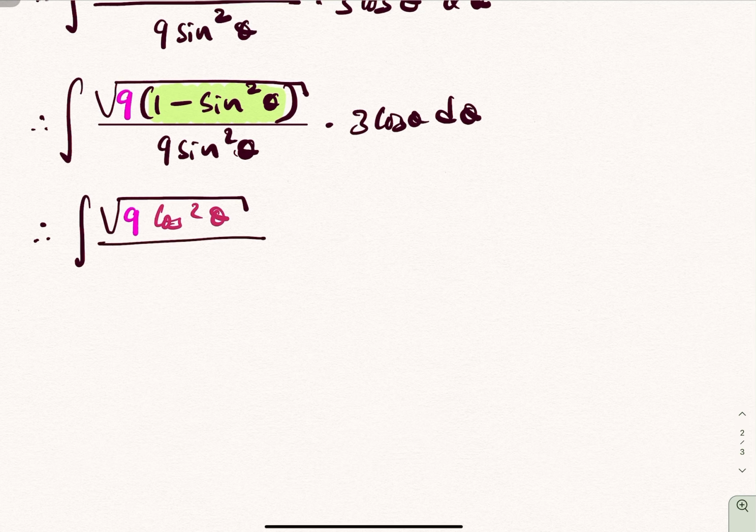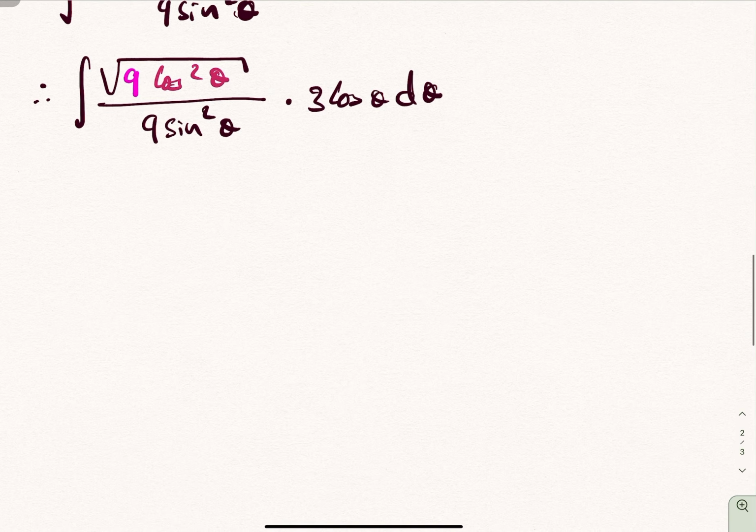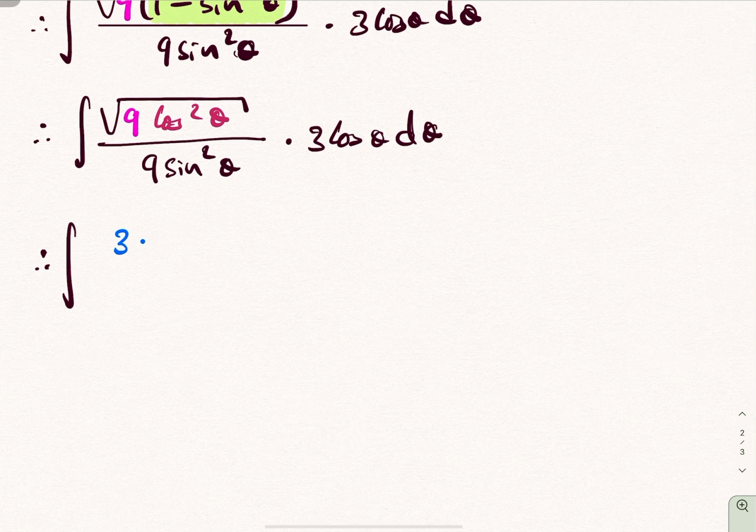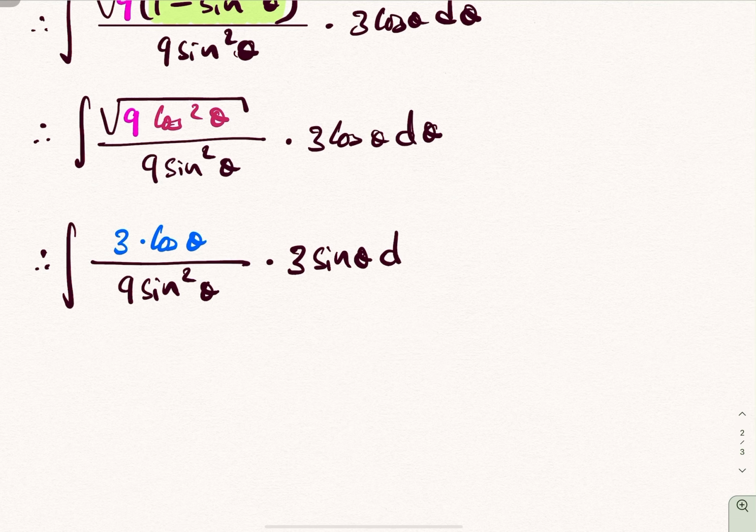I have to divide this by 9 sine squared of theta multiplied by 3 cos of theta d theta. The square root of 9 cos squared gives you a 3 there. So this is going to be 3 cos of theta divided by 9 sine squared of theta multiplied by 3 cos of theta d theta.